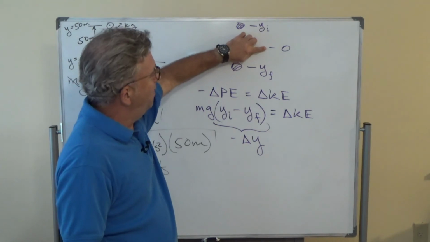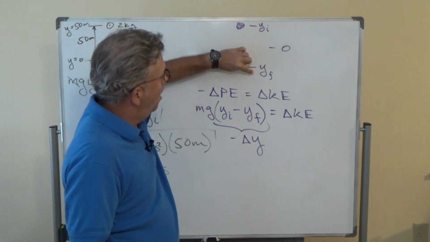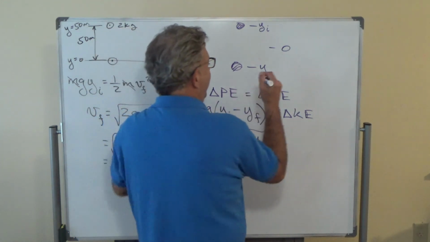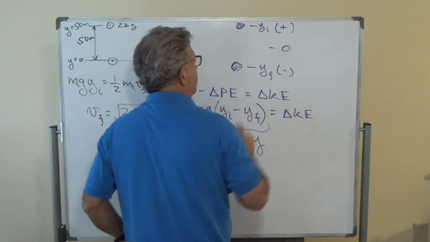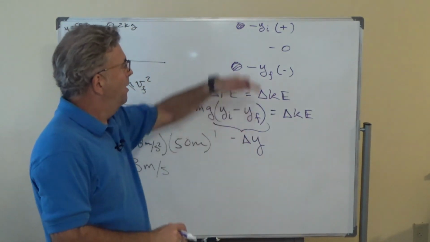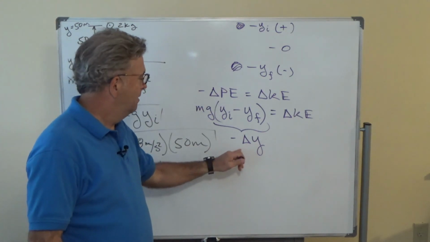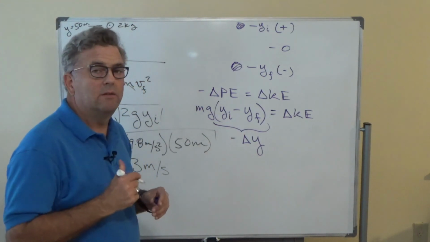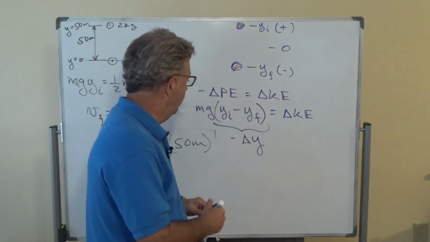In this case, if I put the 0 point here, y final is something negative, y initial is something positive, and when I take y initial minus y final, I just get delta y.